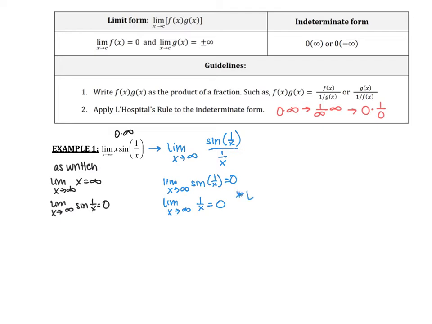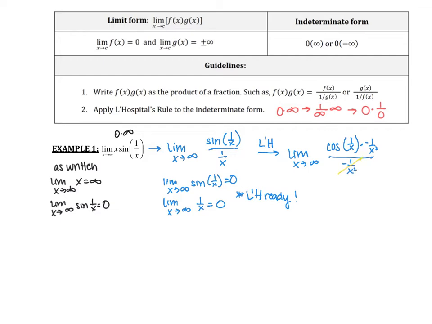And so therefore this is L'Hopital ready, we can use L'Hopital's rule. So I'm going to indicate that I'm using L'Hopital's rule and rewrite my limit. The derivative of sine of 1 over x would be cosine of 1 over x times the chain of 1 over x, which would be negative 1 over x squared, over the derivative of 1 over x, which would be negative 1 over x squared.